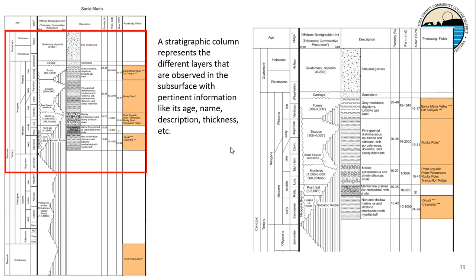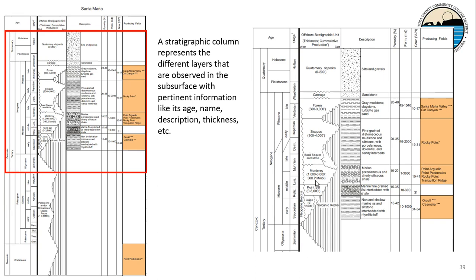And so when we look at trying to date these rocks or trying to understand what the depositional environment was at the time, we would use a stratigraphic column to show us how that has changed over time. So if we look at the early Miocene in the coastal California region, we would see deposits of the Lespe Formation and Point Sal Formation.